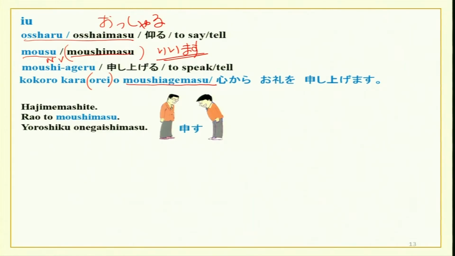Now, as I told you just now, mosu, where are you going to use? Hajimemashite, watashi wa Rao desu is what you have done. Rao desu. So, Rao to moshimasu. I am called Rao, or my name is Rao. Yoroshiku onegai shimasu.